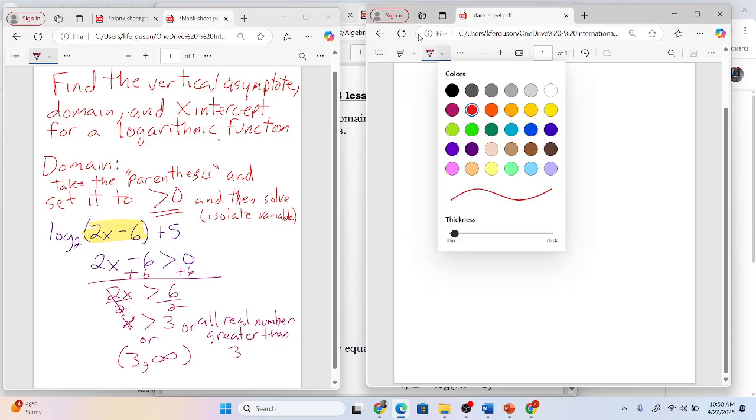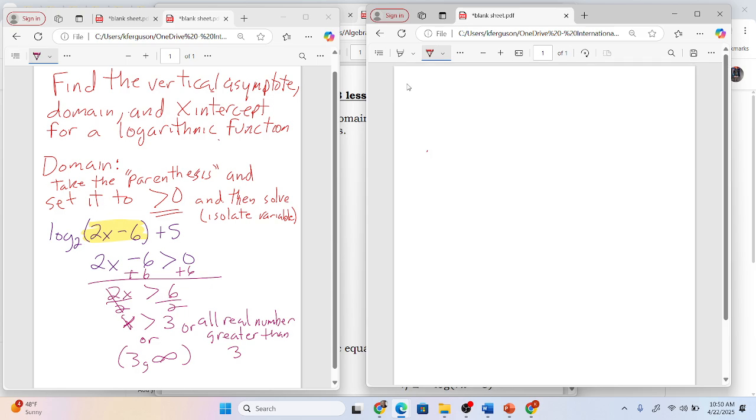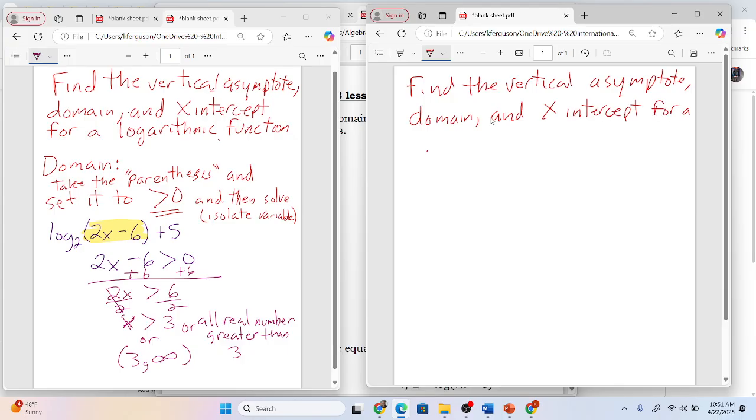So then, let's go. Find vertical asymptote, domain, and x-intercept for a logarithmic function.